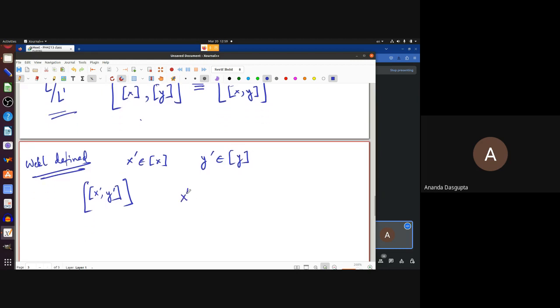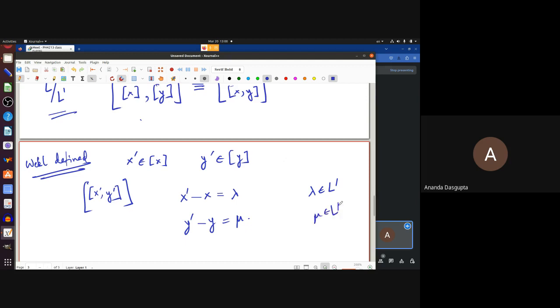So how do you proceed? You proceed by doing this. X prime minus X has to be an element of L prime. Let's call that lambda, which belongs to L prime. Y prime minus Y is mu, let's call that. And mu also belongs to L prime.